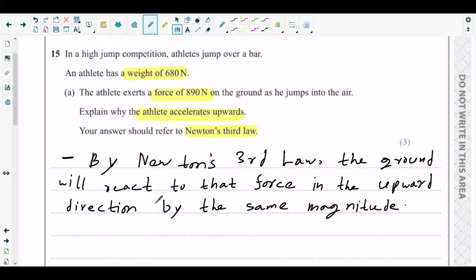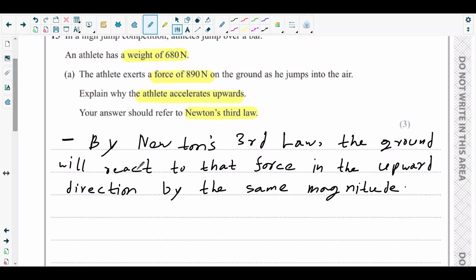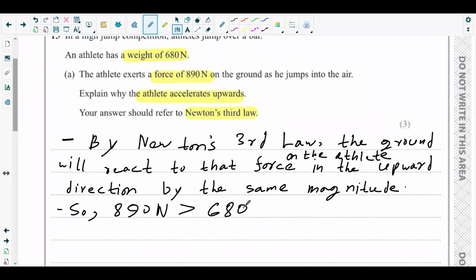So a force of 890 Newton is acting on the athlete. By Newton's third law, the ground will react to that force on the athlete in the upward direction by the same magnitude. So 890 Newton is greater than the weight, 680 Newton.